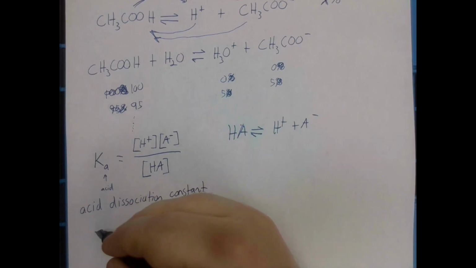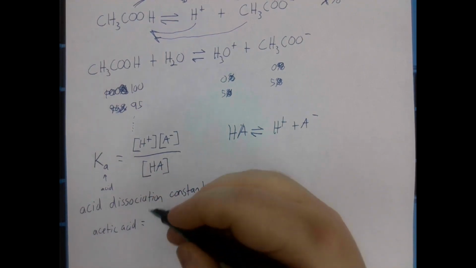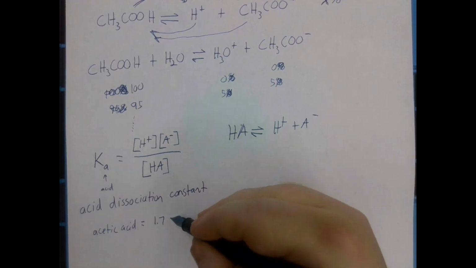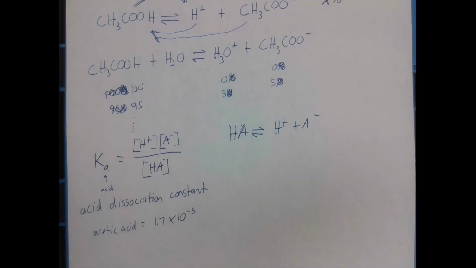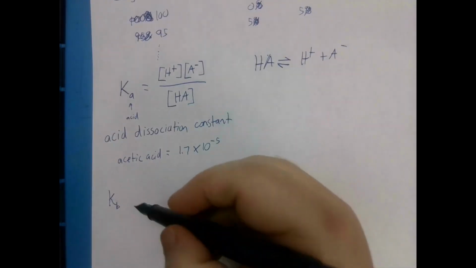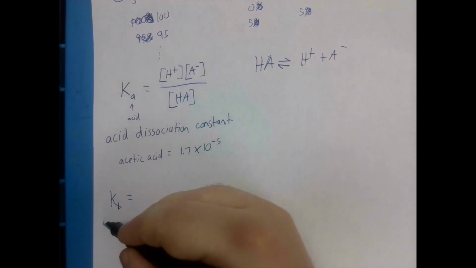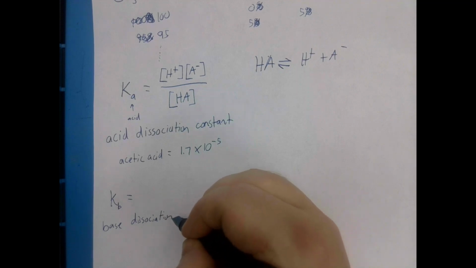For vinegar, or acetic acid, it is 1.7 times 10 to the negative 5. There are no units on it. There is also a Kb, which is the exact same thing. This is just the base dissociation constant.